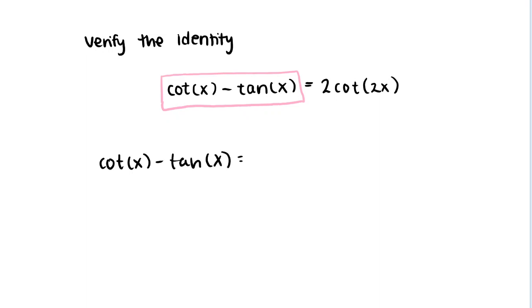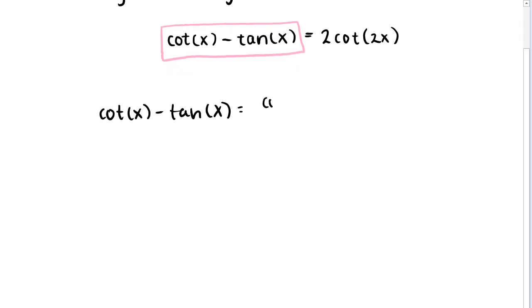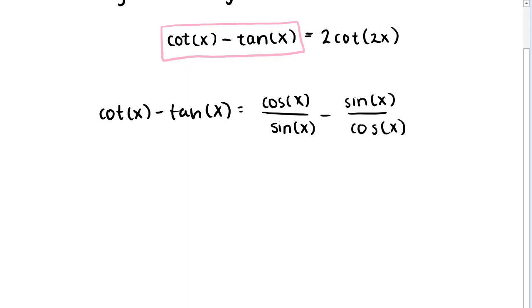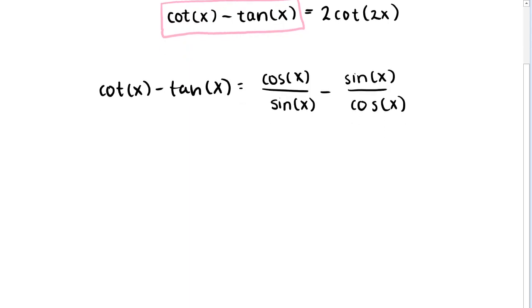Well, we can rewrite this as cosine of x over sine of x, right, for the cotangent. And then tangent, well, that's sine of our input angle divided by cosine of our input angle. And we can make a common denominator to subtract these two fractions and write them as a single fraction.